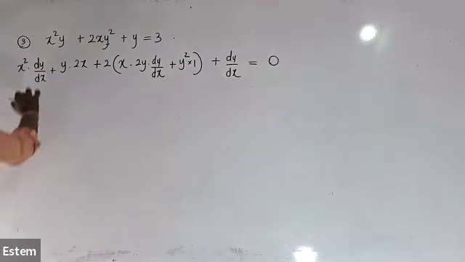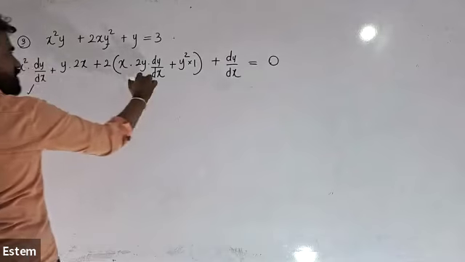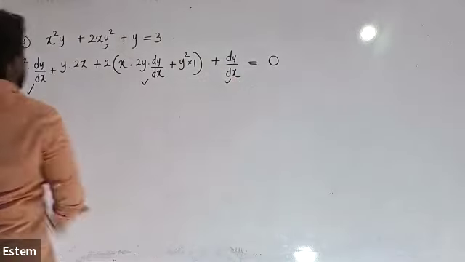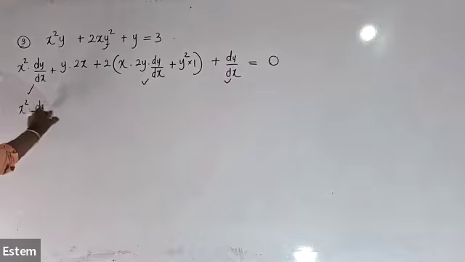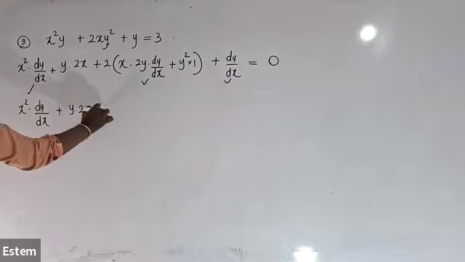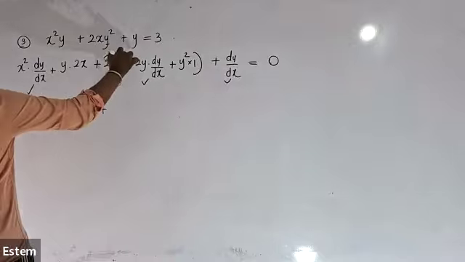Okay. Now, please notice the terms with dy over dx. This and this. Now x squared dy over dx plus y times 2x. Now I am expanding this.